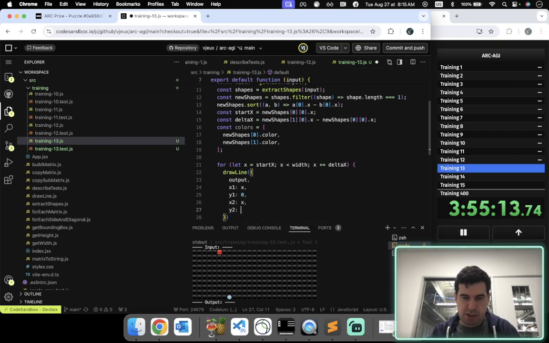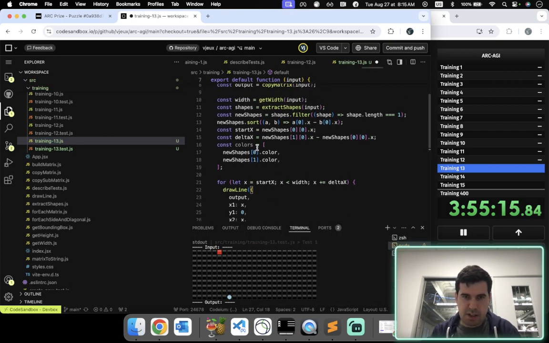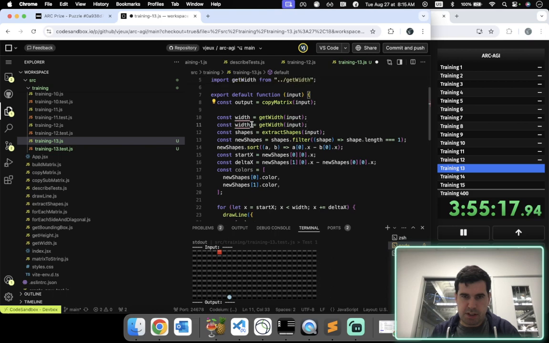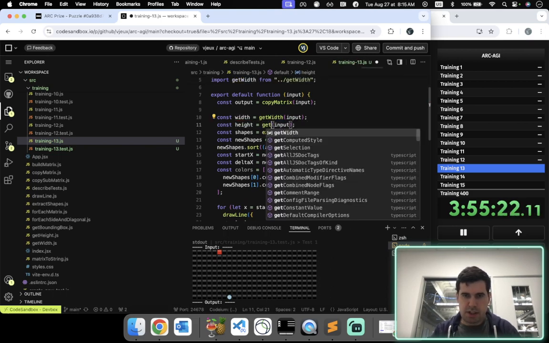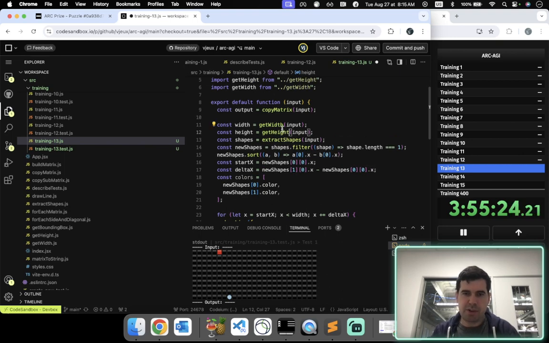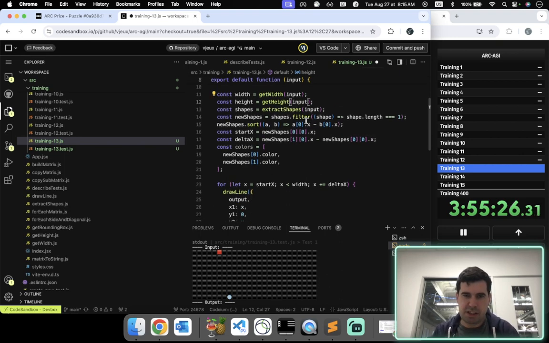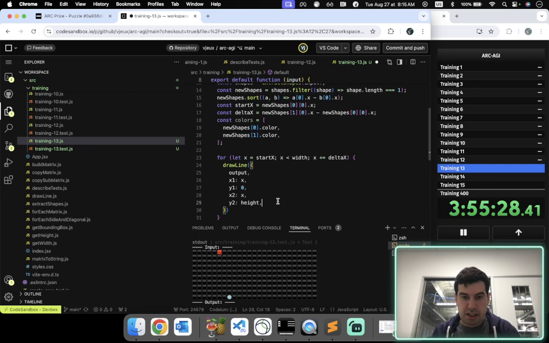And y2 equal height. And so const height equals get height. Okay, so when I autocomplete, now it automatically imports. Nice, that's good to know. Equals the height, I think -1. Okay, let's try, yeah, height -1.